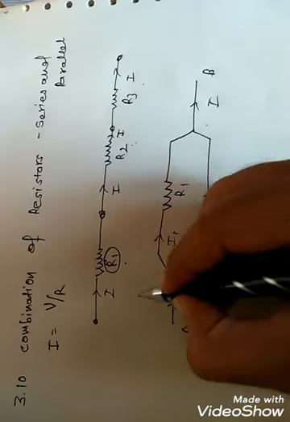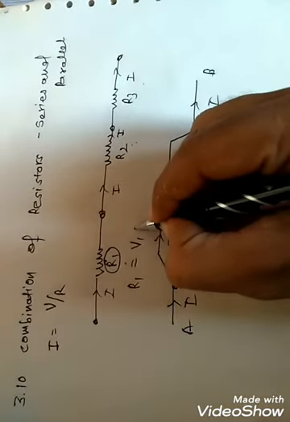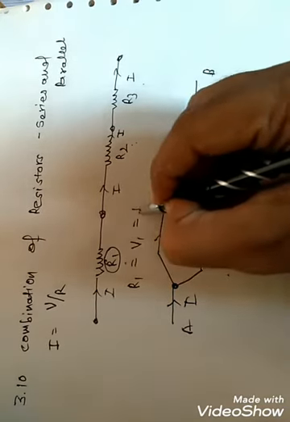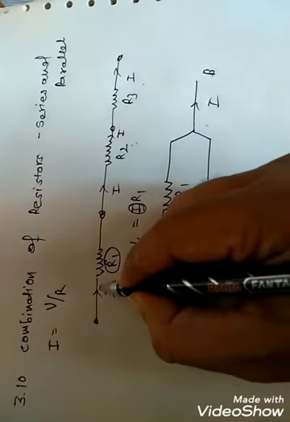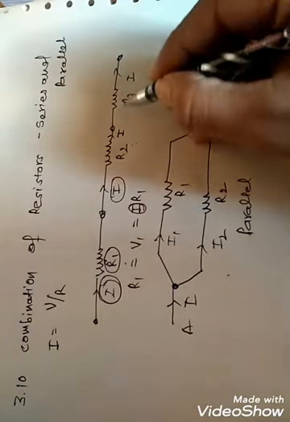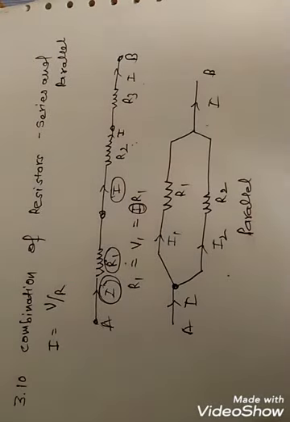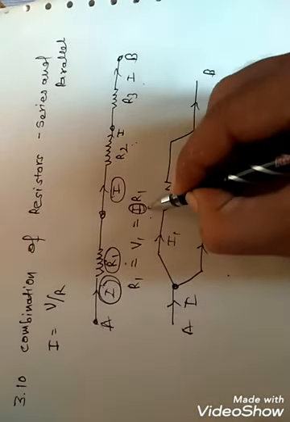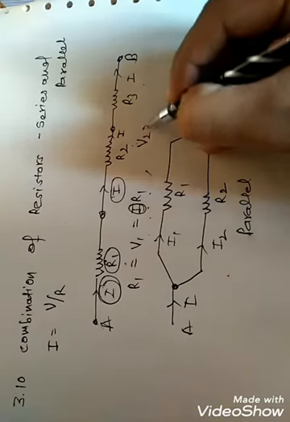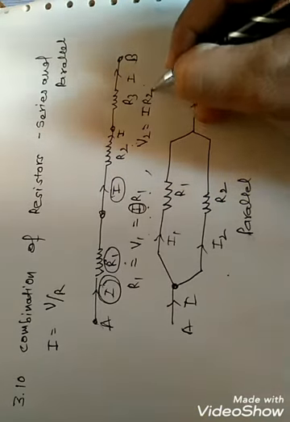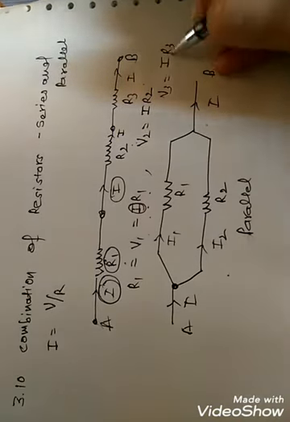V1 is equal to I into R1, because for a series connection the current is the same from point A to point B. So V1 is equal to I R1, similarly V2 is equal to I R2 and V3 is equal to I R3.